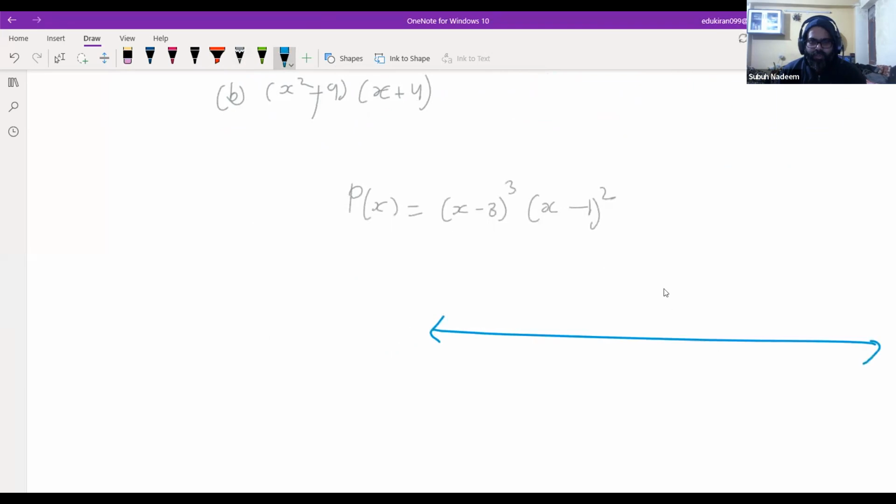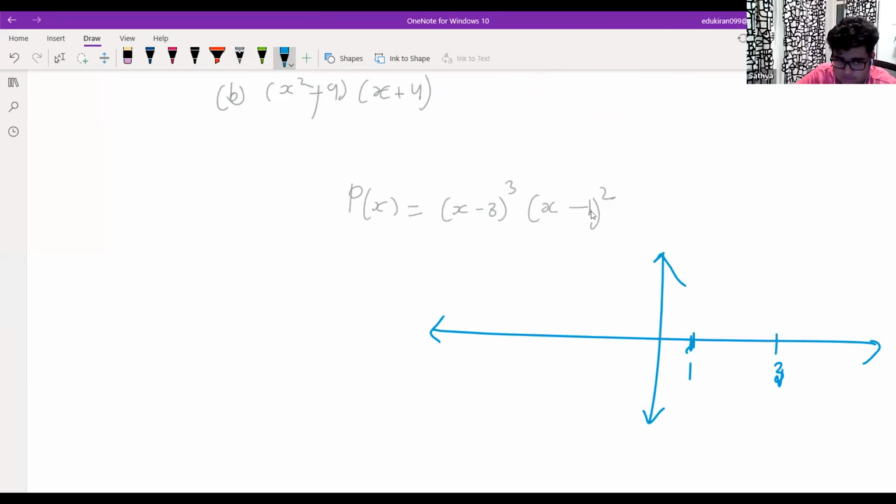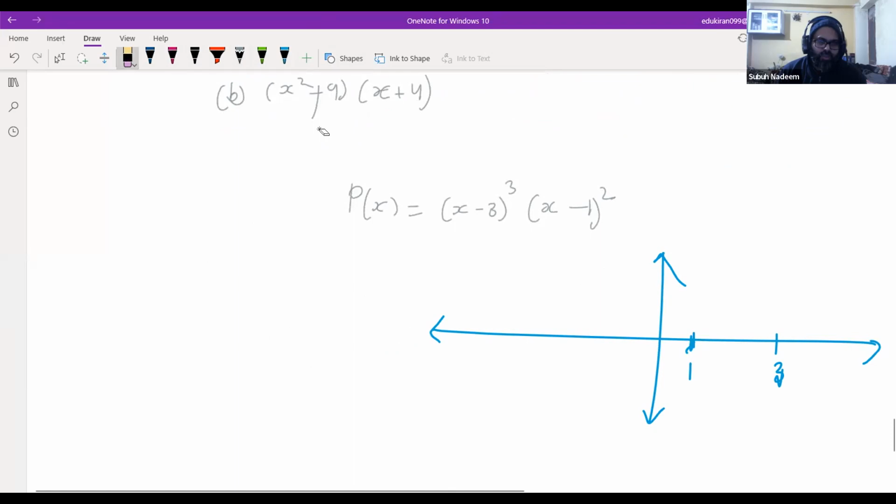But if you take it, there is 1 and 3. 1 is here, 3 is here. No, I think minus 1 and 3, right, sir? They have taken x minus 1 now. That should be x plus 1 in that case. Yes, sir, this is another error. It should be x is equal to 1, not x is equal to minus 1.